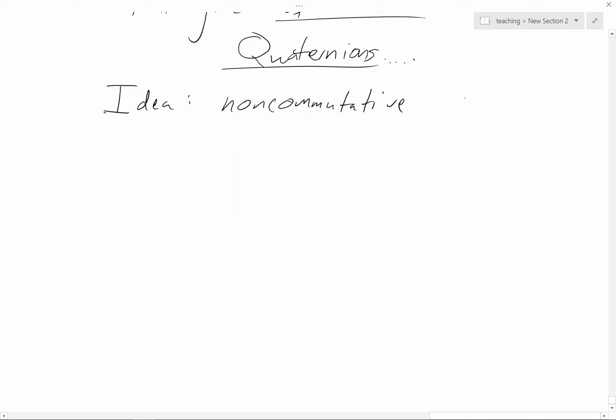So if I have an element, let's say q, then I can make a function which depends on q. If I plug in any x, I'm going to go q x q inverse.